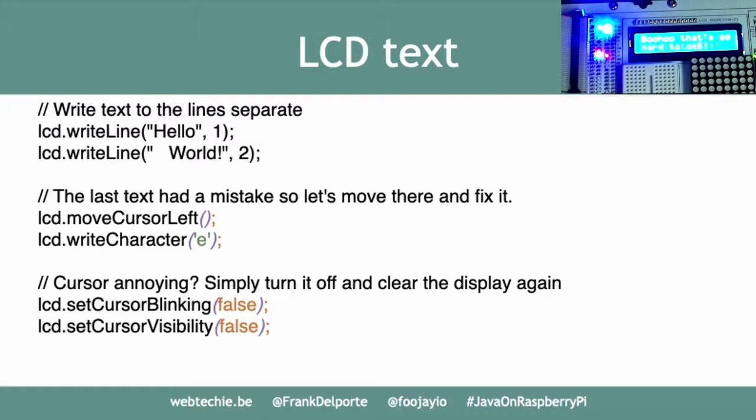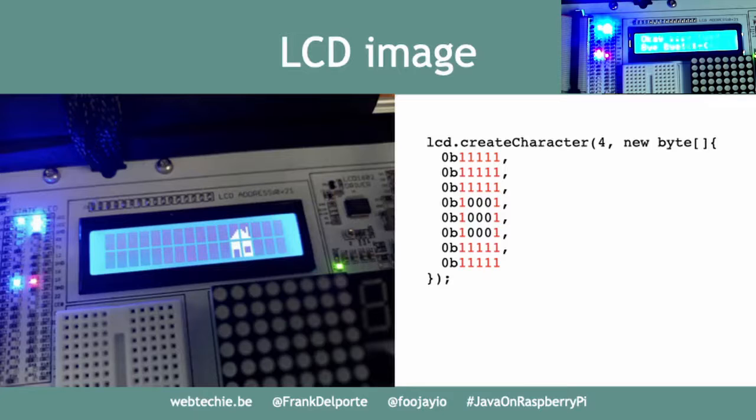And this whole application makes it a lot easier to write text to such an LCD display. So writing a line to it, so this LCD display has 2 lines with each 16 characters. So you can write on line 1 a hello and a world on line 2, or you can move the cursor, or you can have the cursor blinking, or you can even draw images on this kind of display.